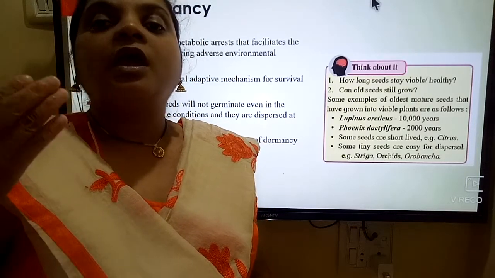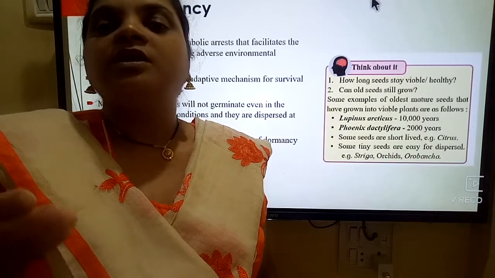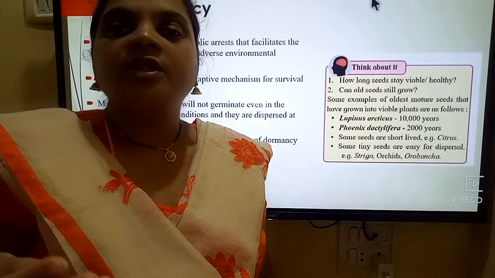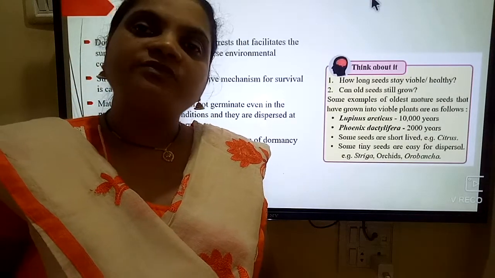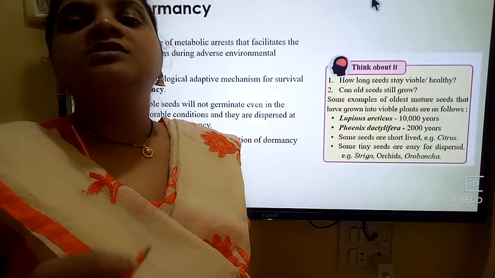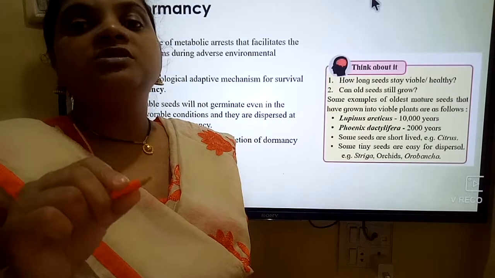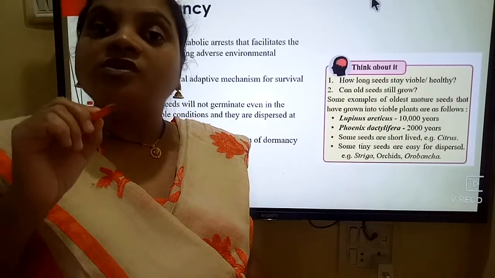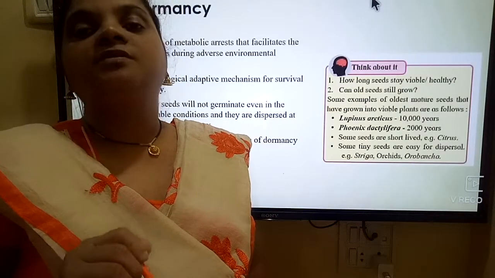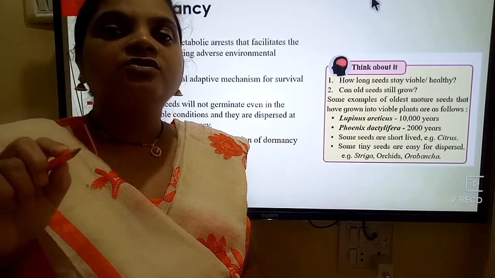When the environment is suitable for development, the seed germinates. That type of seed is called a viable seed. Dormancy is a structural and physiological mechanism for survival. That is called dormancy.